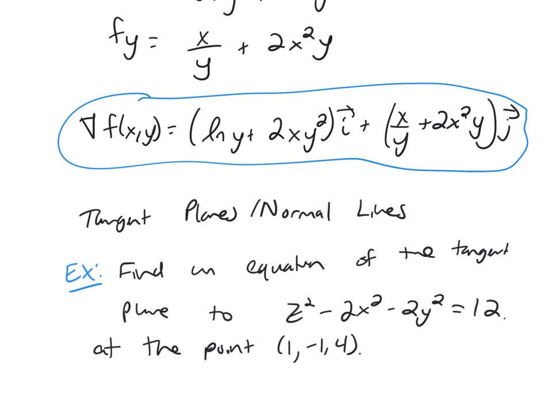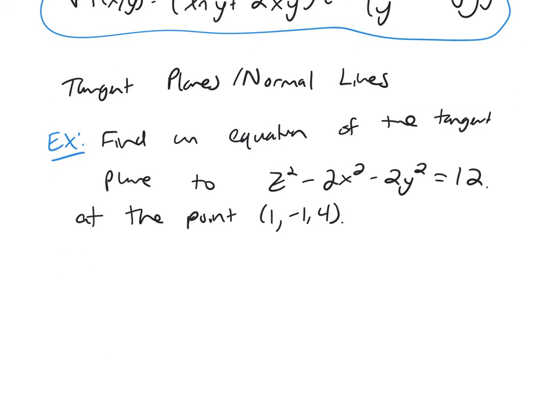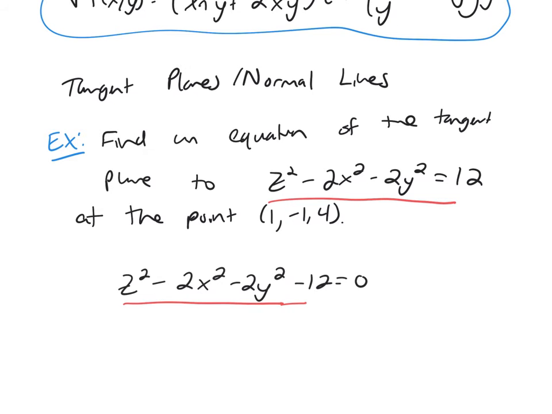So the first thing you're going to do is take the equation of your surface, and you want to get 0 on one side. So I'm just going to move the 12 over. z squared minus 2x squared minus 2y squared minus 12 is 0. So here I'm looking at a function of 3 variables.